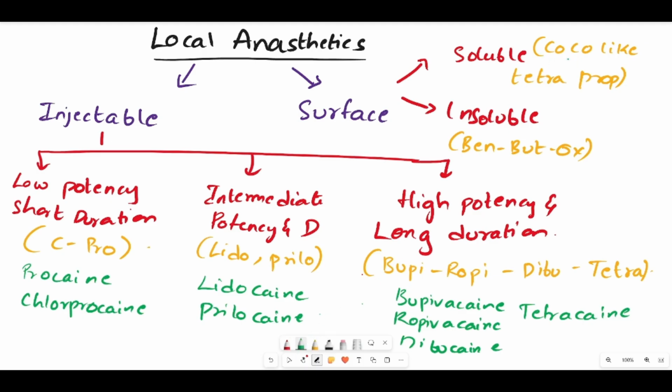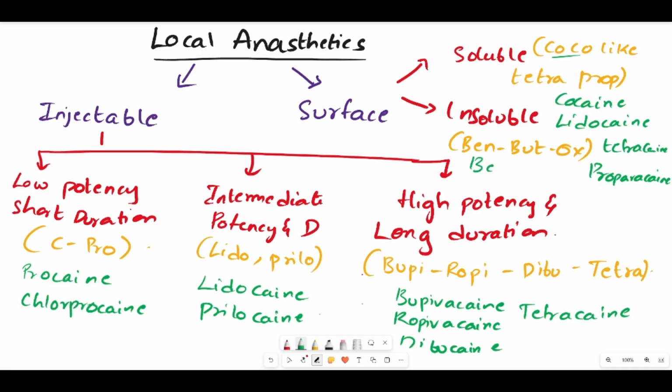So in the soluble class, cocoa means it is cocaine. L means it is lidocaine. Tetra means it is tetracaine. Prop means it is proparacaine. And in the insoluble part, Ben but ox.